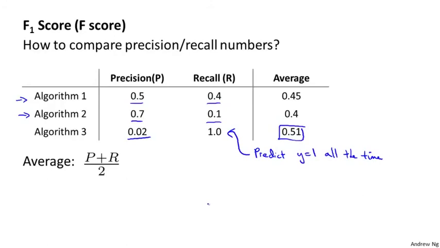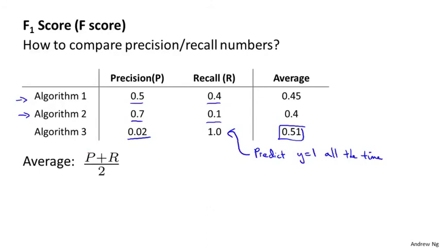And that's just not a very good classifier, right? If you predict y equals 1 all the time, it's not a useful classifier if all it does is print out y equals 1. And so algorithm 1 or algorithm 2 would be more useful than algorithm 3. But in this example, algorithm 3 has a higher average value of precision and recall than algorithm 1 and 2.